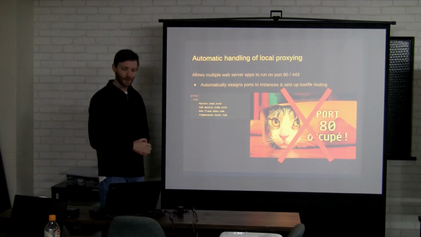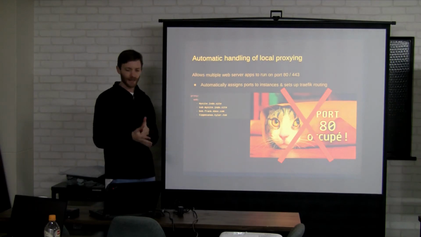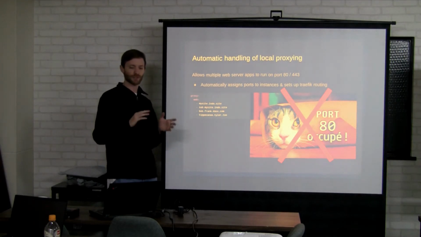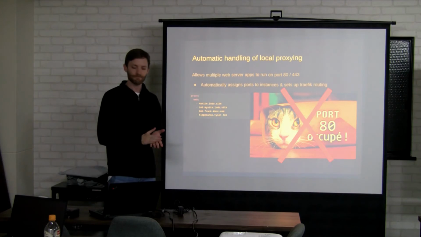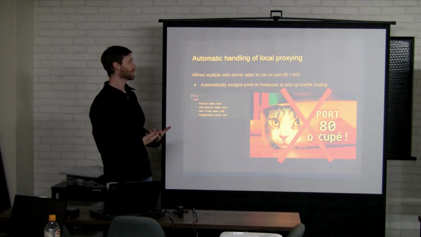A big problem if you're running multiple projects on the same machine can be, well, you have to switch them on and off if they all want to use port 80. So what you want is for it to proxy that for you.